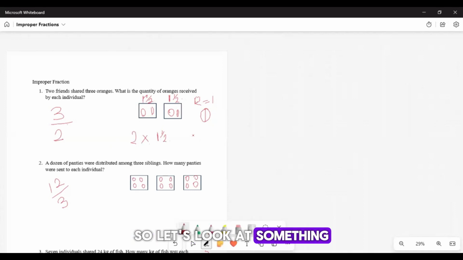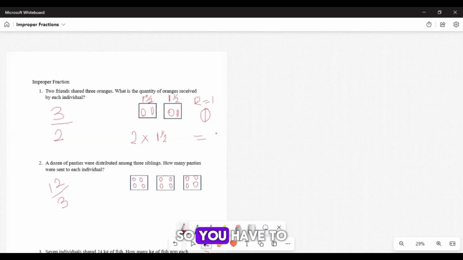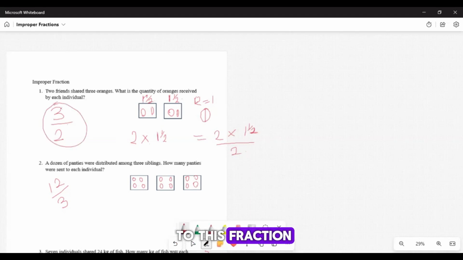So let's look at something. You have 2 multiplied by 1.5, divided by 2. I'm just going back to this fraction. You realize that this 2 will cancel that 2, and so the answer is 1.5. Let's look at the next one.